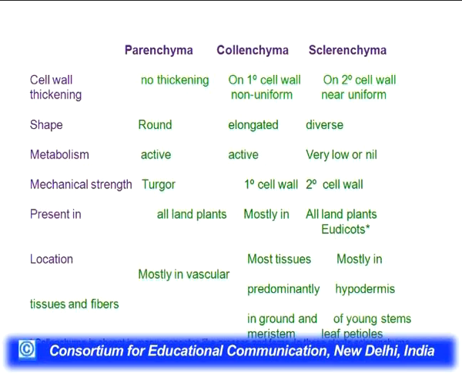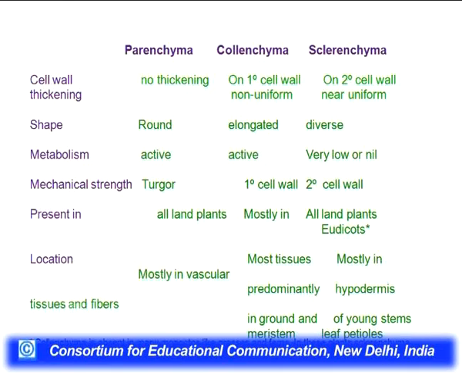And if you look into their location, you will find that Parenchyma is mostly present in all plants. This arrangement of the table is getting a bit disturbed, but the location of these Parenchyma cells is in ground tissues, the bulk of the ground tissues, and meristem tissues.